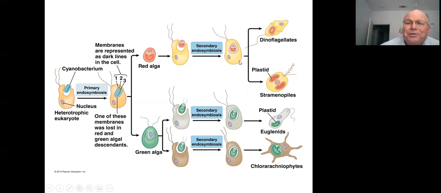And the only thing that gets retained is the chloroplast. Everything else is discarded. In the second secondary endosymbiosis, the green algae is captured. Same thing happens. There's a loss of everything from the green algae. All the remnants of the green algae are discarded except for the chloroplast. That is retained.